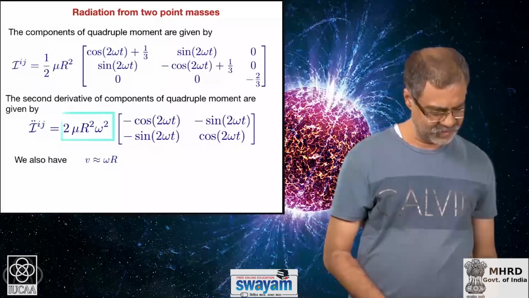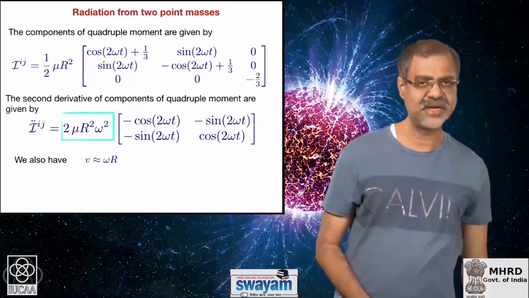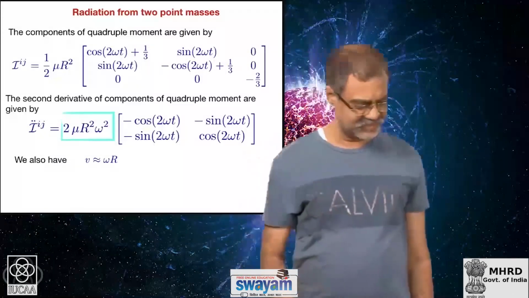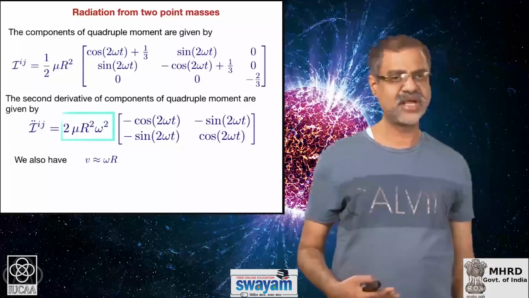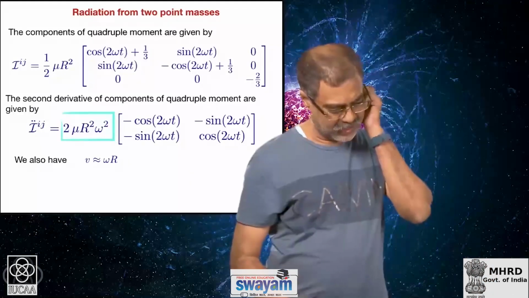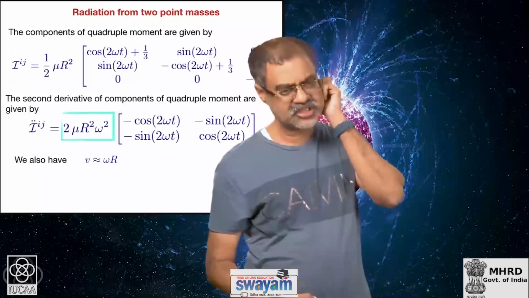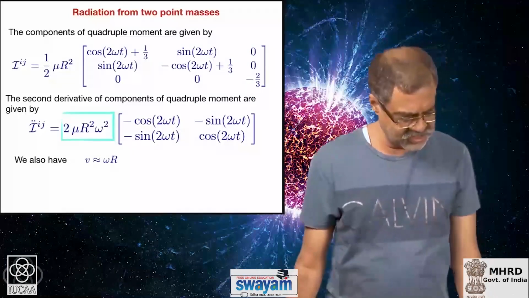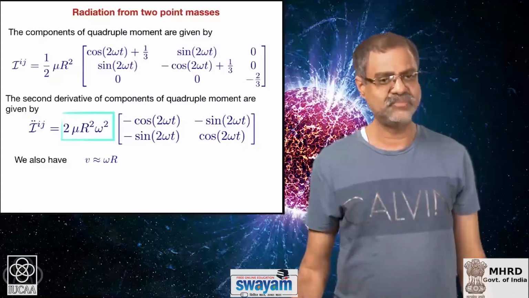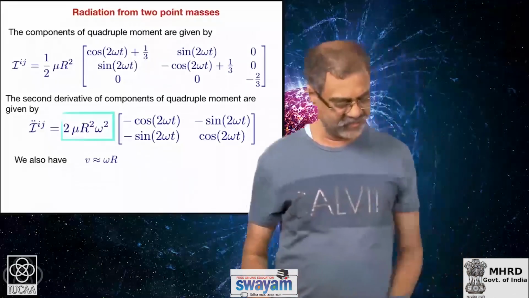An important point to see is that the amplitude of the gravitational radiation emitted depends on omega square r square, and one can approximately say that the velocity of the system is omega times r in a rotating frame.